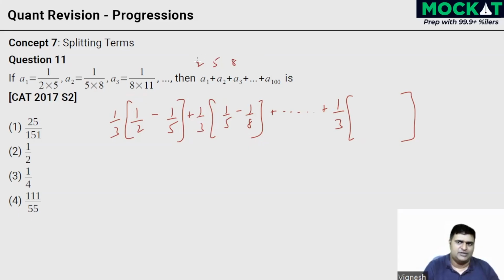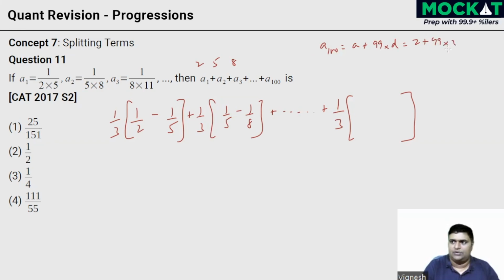The first term is A plus n minus 1, n minus 1 is 100 minus 1, 99, into the common difference. What is A? 2 plus 99 into the common difference, which is 3.